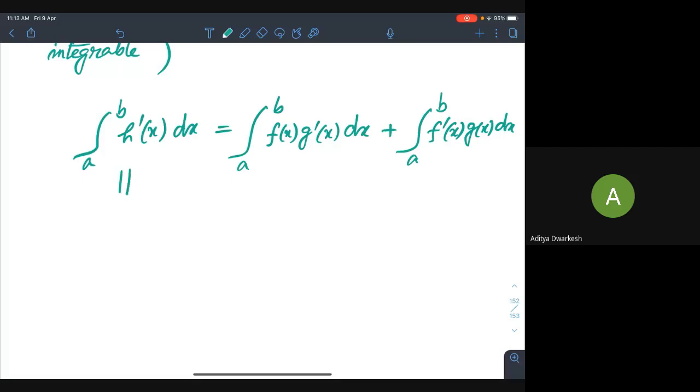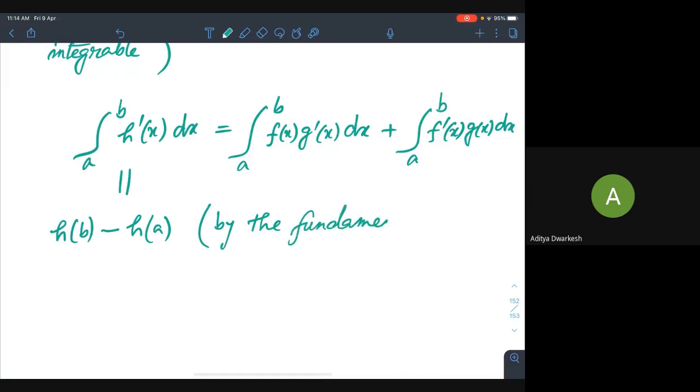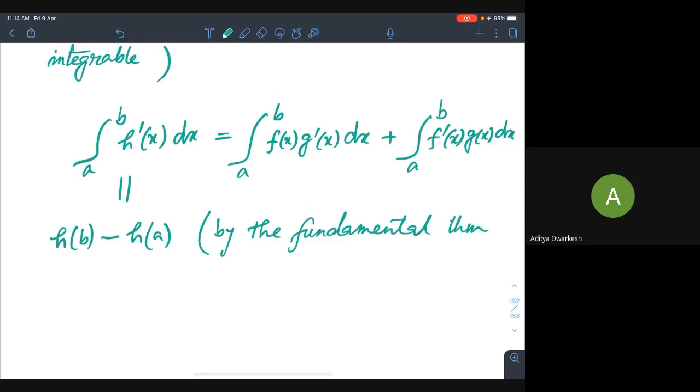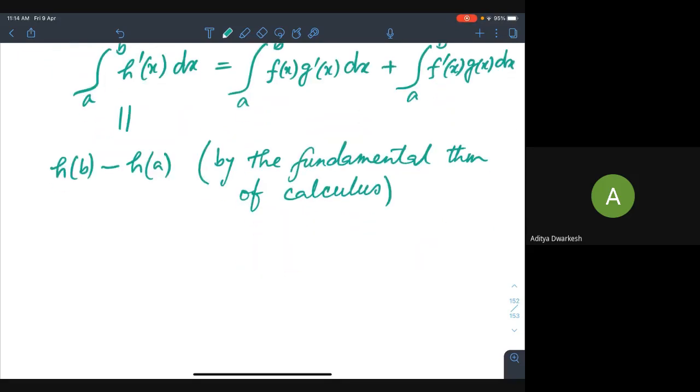This is equal to h(b) minus h(a). Now, h(b) is f(b)g(b) minus f(a)g(a).